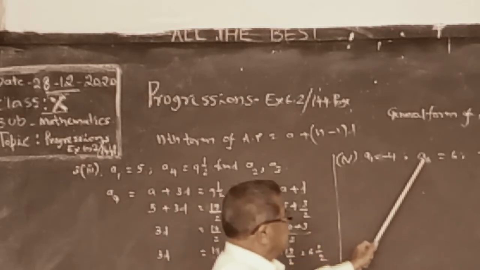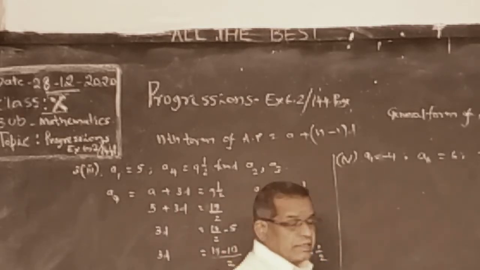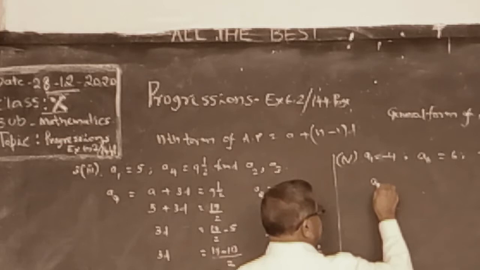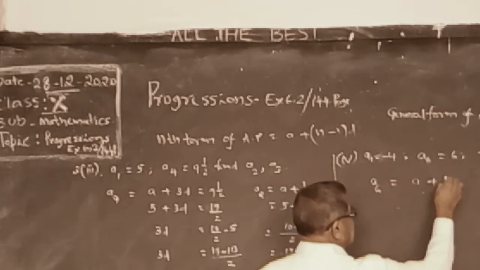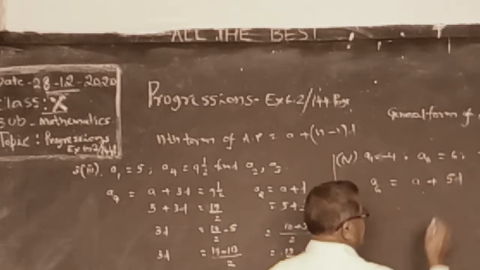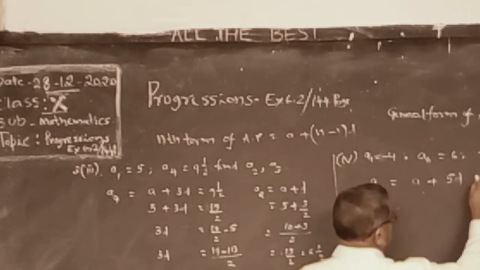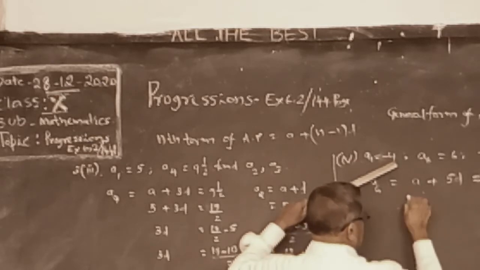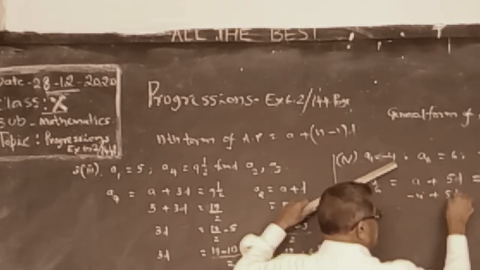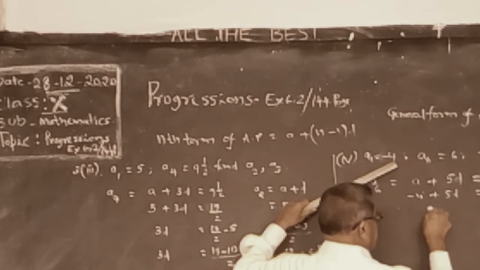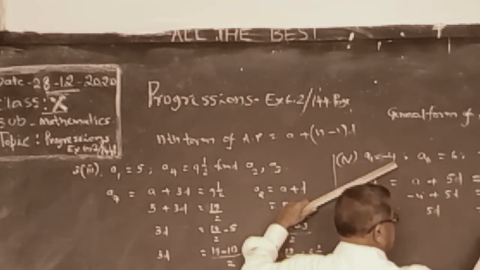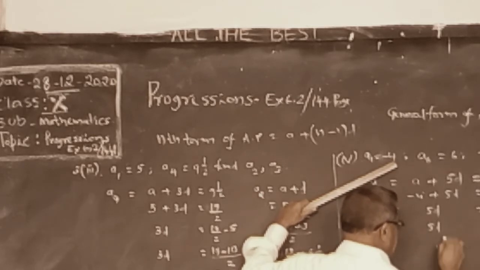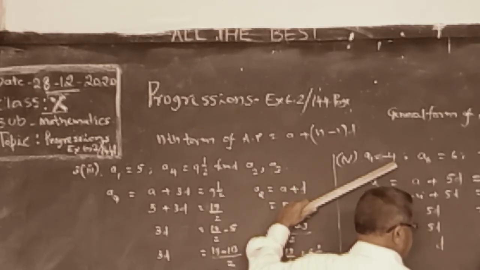What is the sixth term? Sixth term of an AP is A plus 6 minus 1, 5D, is equal to given 6. A value given -4. -4 plus 5D is equal to 6. 5D is equal to 6 plus 4. 5D is equal to 10. And D is equal to 10 by 5. And D is equal to 2.